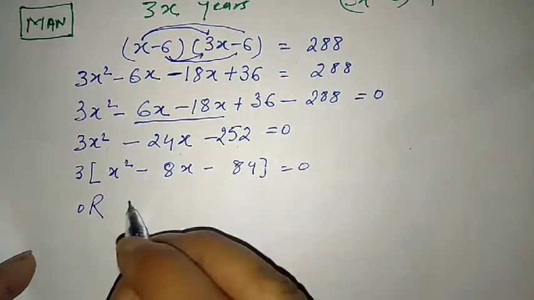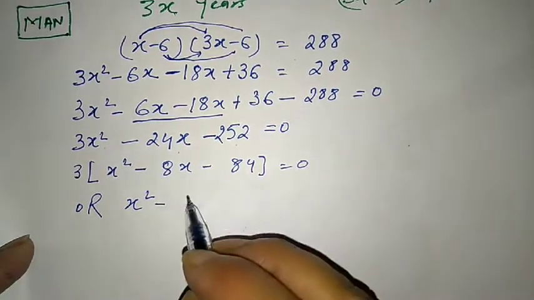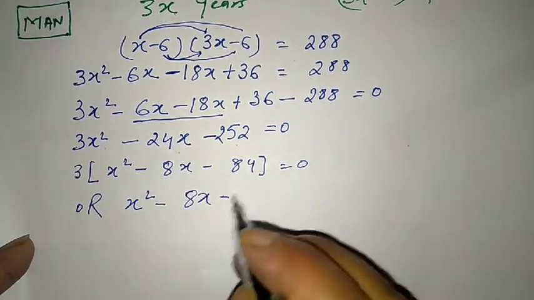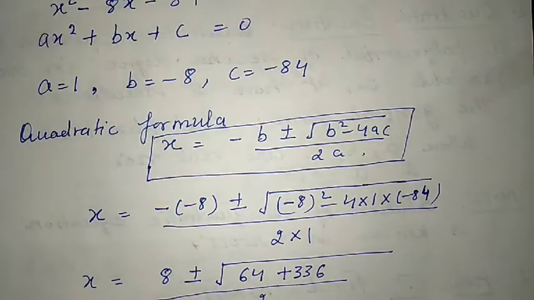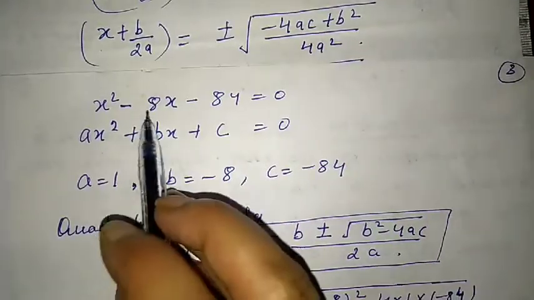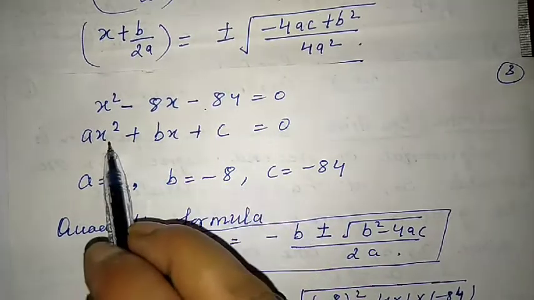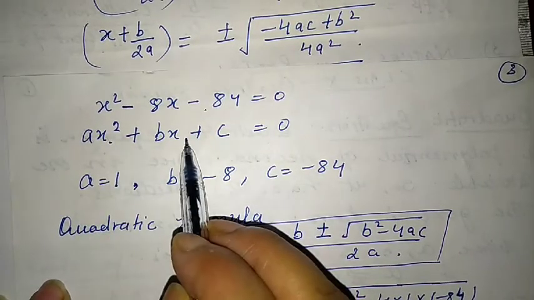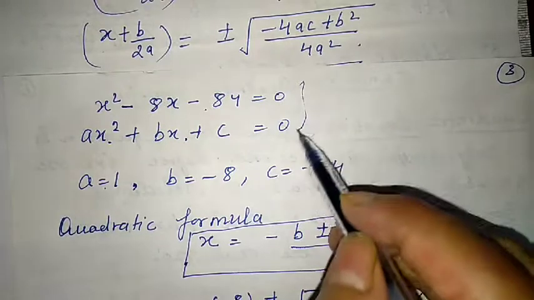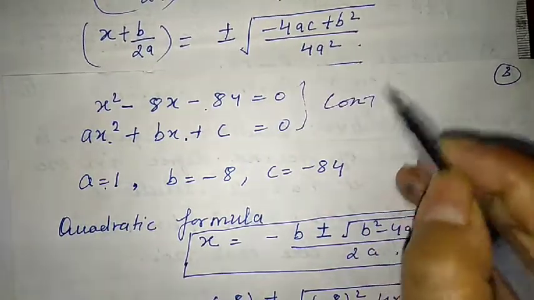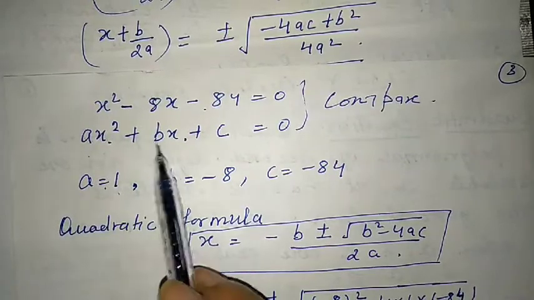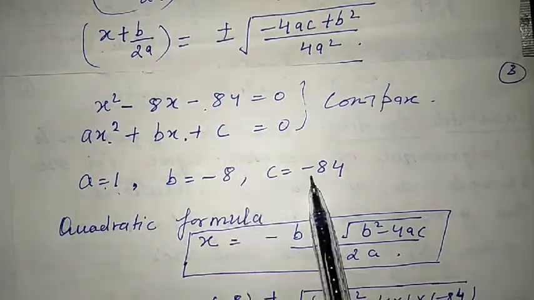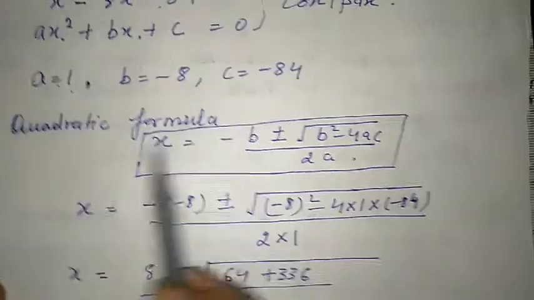If we compare this given equation with the general form of the quadratic equation, we get a is equal to 1, b is equal to minus 8, and c is equal to minus 84.